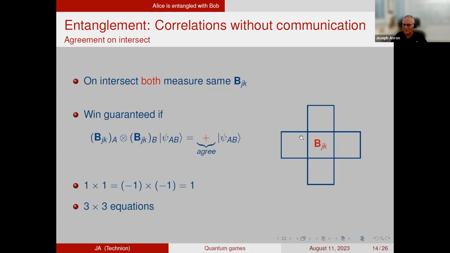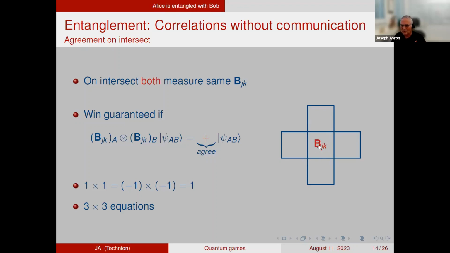So for example, if the intersect is this B_JK, both Alice and Bob will measure the same observable on their qubits. Now, how can we pick a state for Alice and Bob so that they will agree on this intersect?